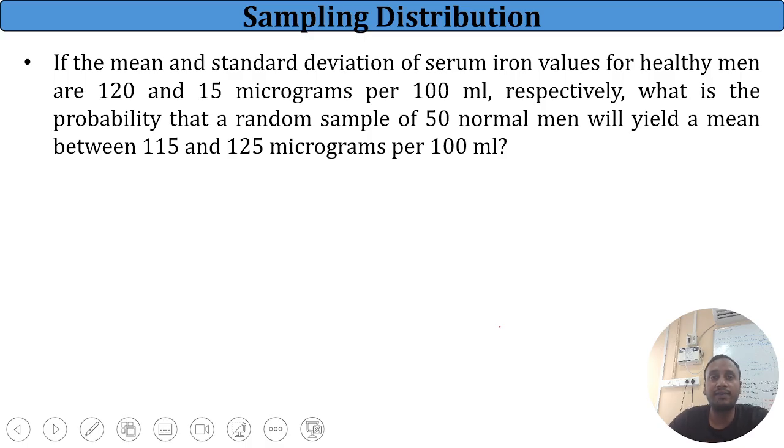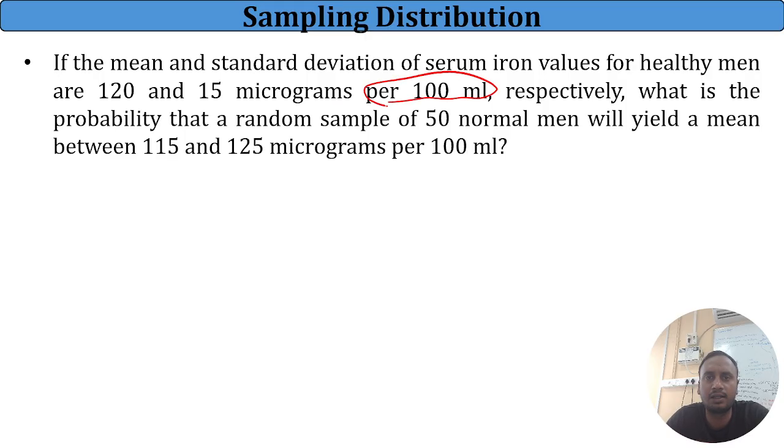Now we have the second question. Can anyone tell what is the second question? The mean and standard deviation of serum iron value for healthy men are 120 and 15 microgram per 100 ml. What is the probability that a random sample of 50 normal men will yield a mean between 115 and 125?